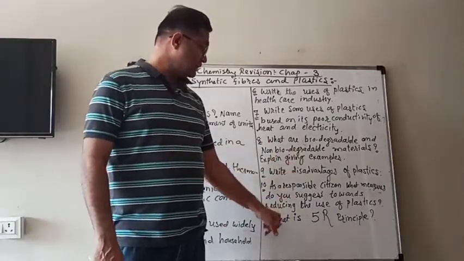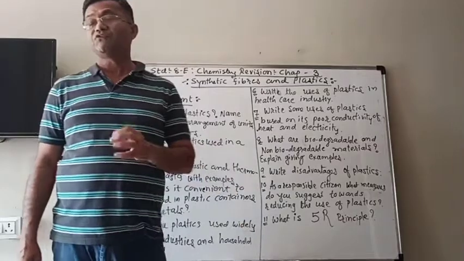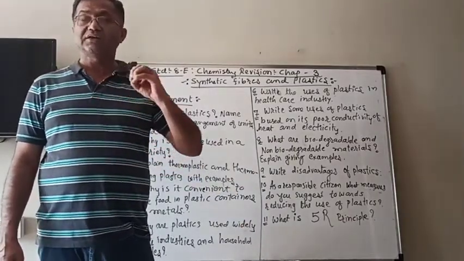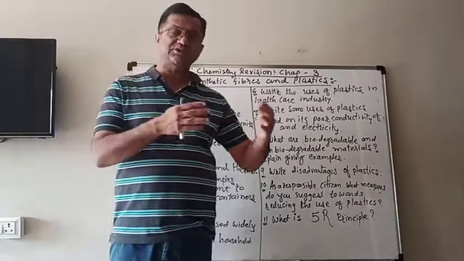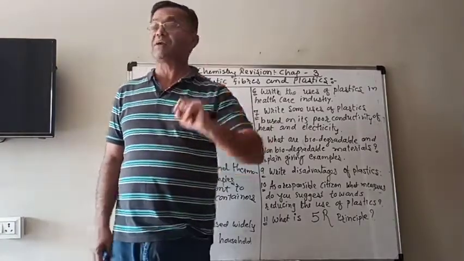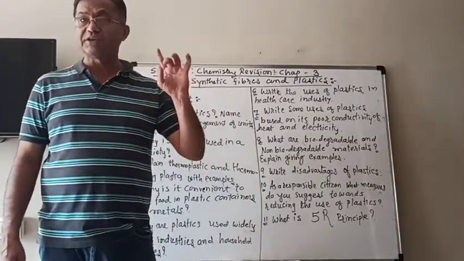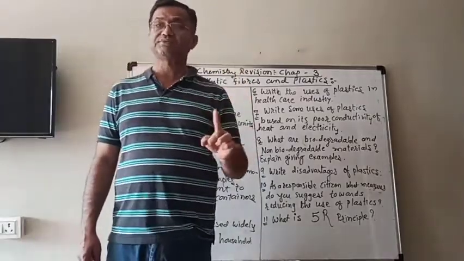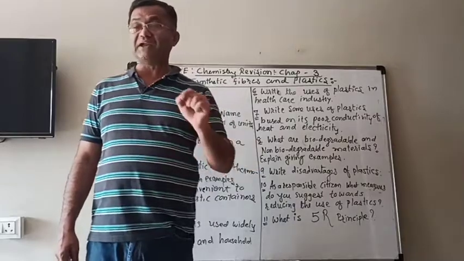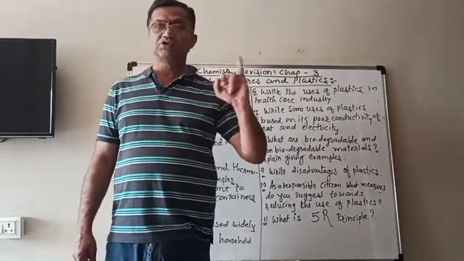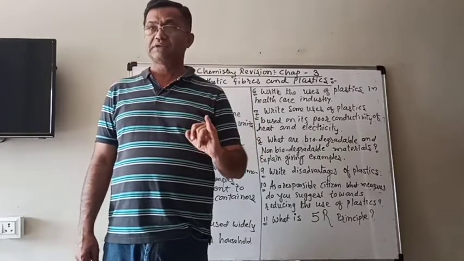Now last, what is the 5R principle? The 5R principle is that you can handle different garbage or disposable items using it. 5R means reduce, refuse, reuse, repurpose and recycle. Refuse means you say no to plastic.